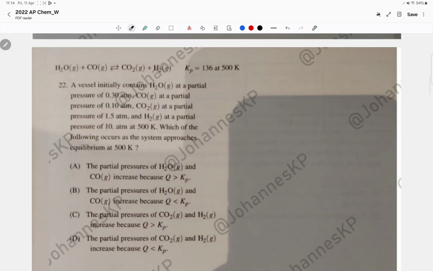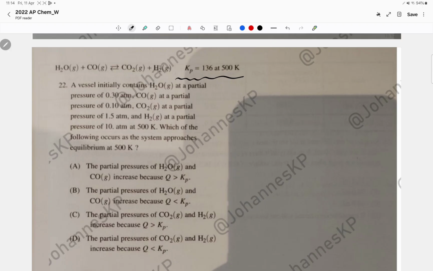Okay, whenever they give you Kp and they give you partial pressures or concentrations, they're asking you to find the Q, essentially, and you must compare them. Whenever they give you Kp, and they also give you concentrations or pressures in the question, they're asking you to find Q, basically.